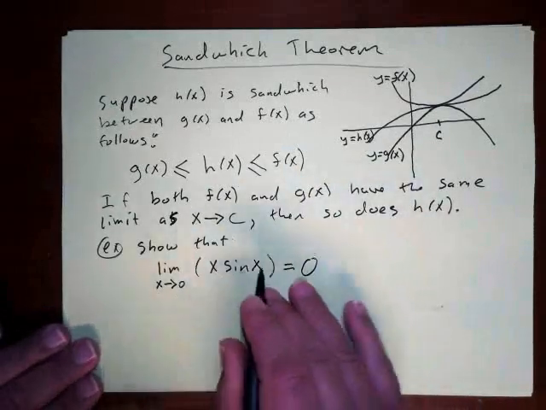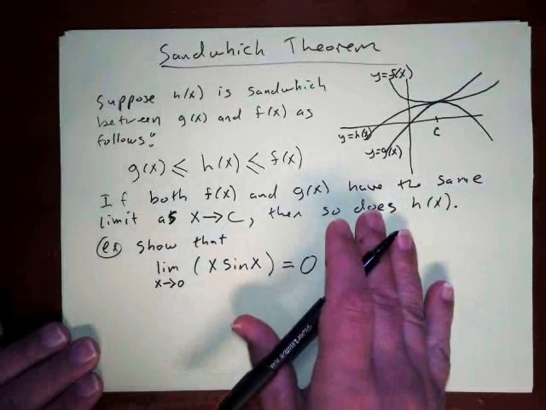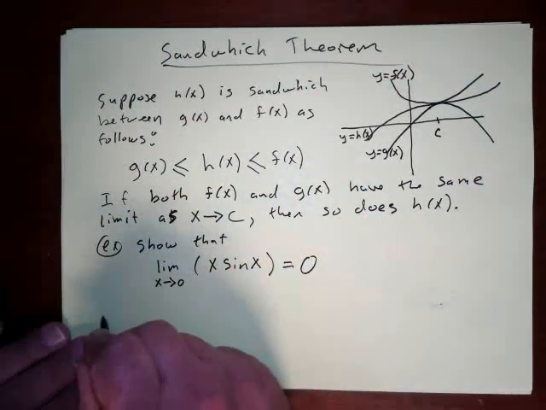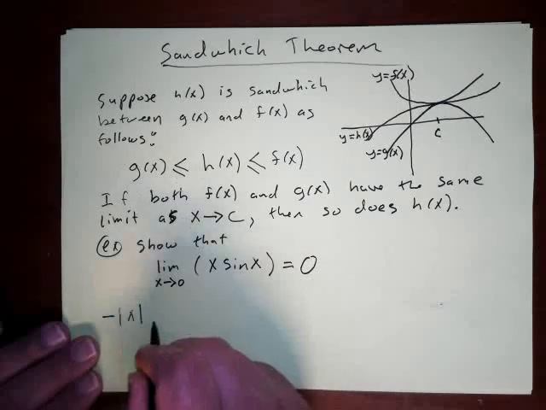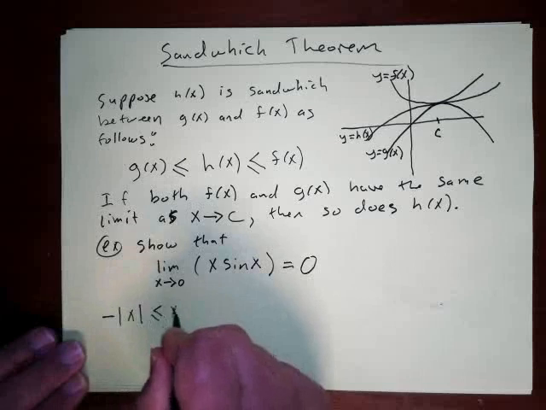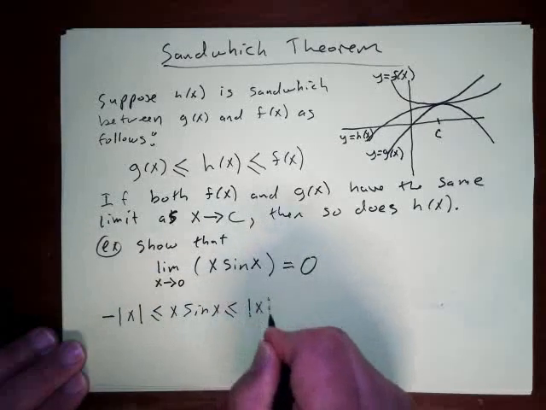I'm going to use the fact that x times sine of x is sandwiched between the opposite of the absolute value of x, and the absolute value of x.